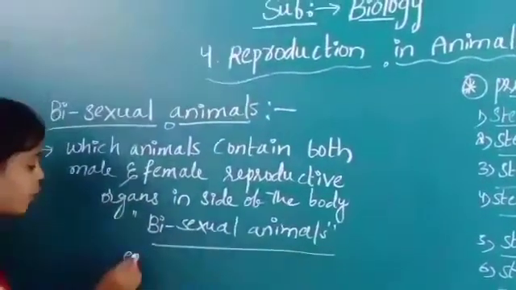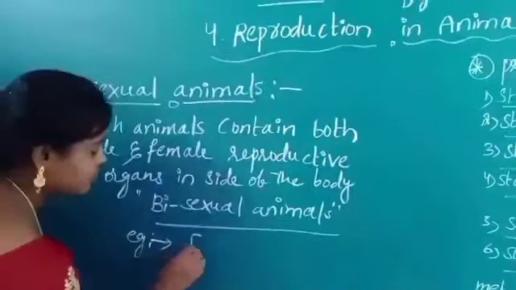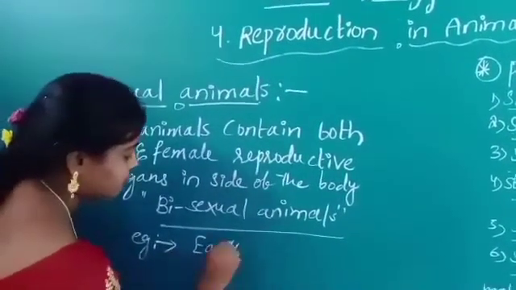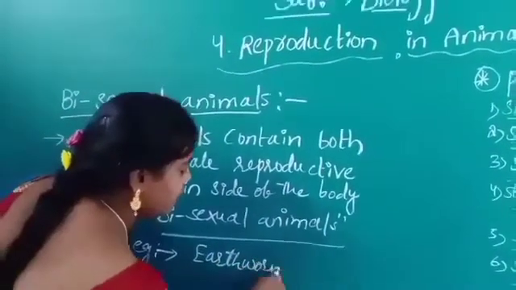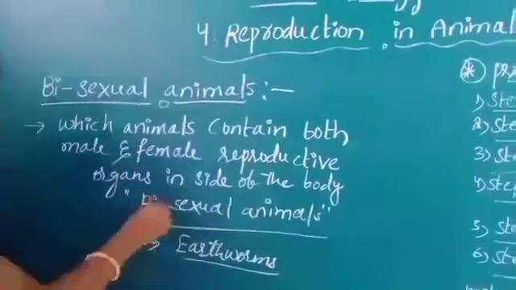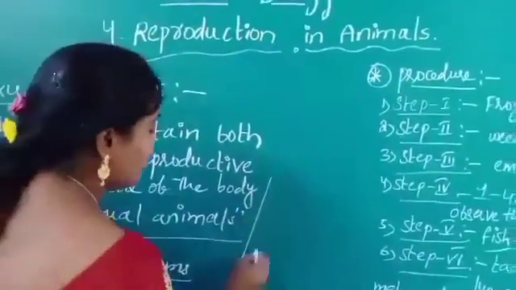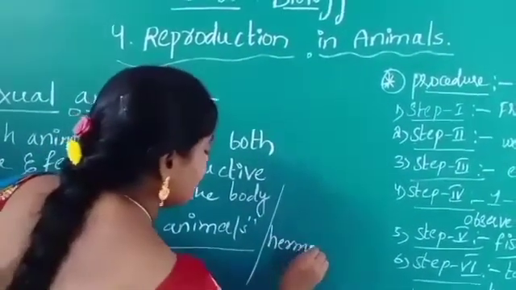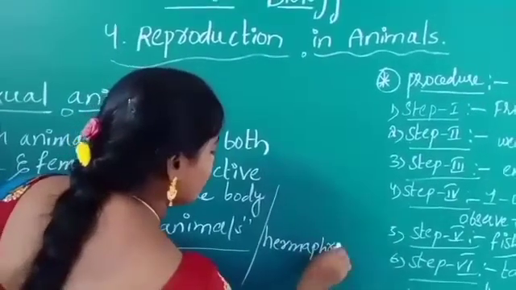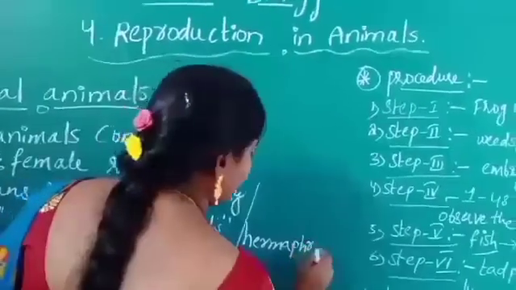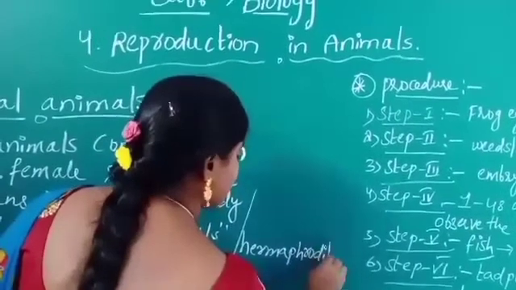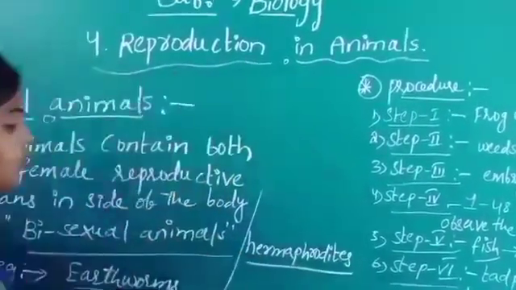For example, earthworms. Okay, so these bisexual animals are also called hermaphrodites.